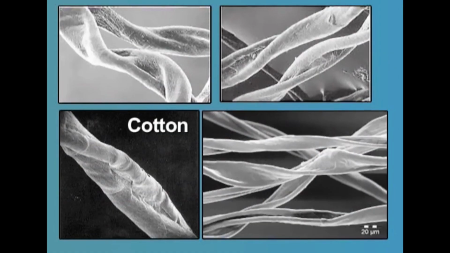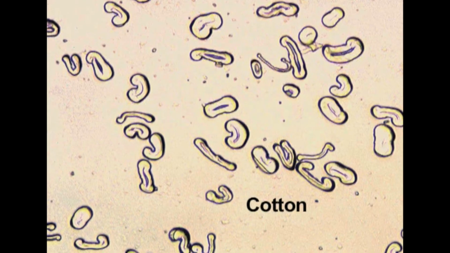In case of cotton, when viewed longitudinally it is flat, twisted, ribbon like with convolutions, and these are all tapered to one end of the fiber, and the cross section is kidney shaped or bean shaped.